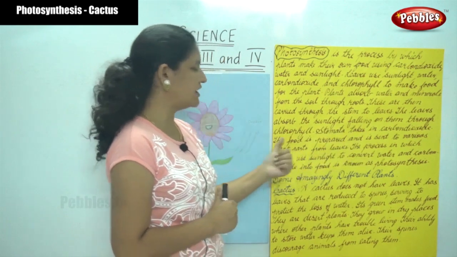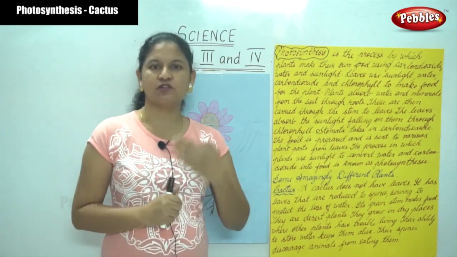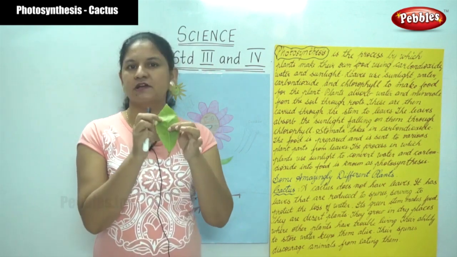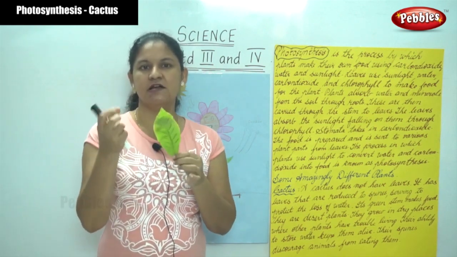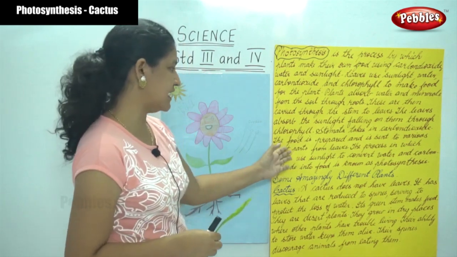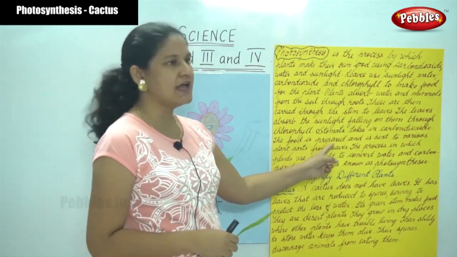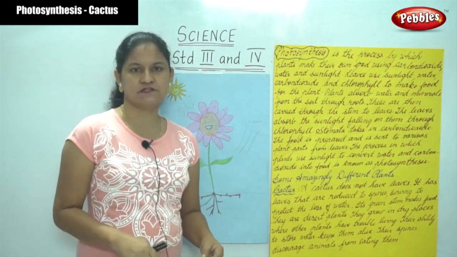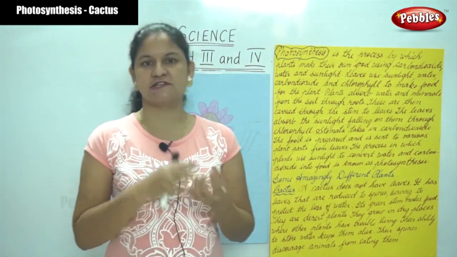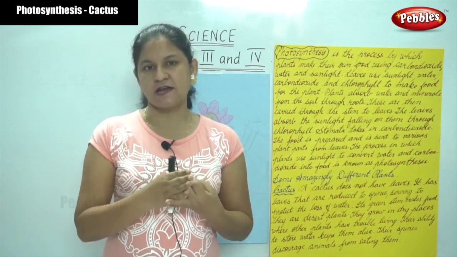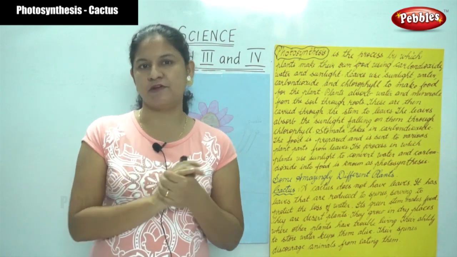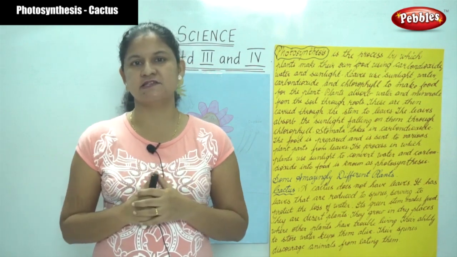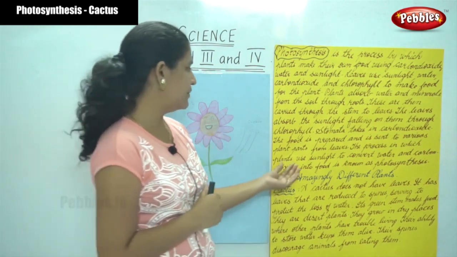Stomata takes in carbon dioxide. We've seen that on the underside of the leaf there are tiny openings called stomata, and the stomata takes in carbon dioxide. The food is prepared and is sent to various plant parts from the leaves. So in the presence of all these, that is water, sunlight, chlorophyll and carbon dioxide, the leaf prepares the food and then sends it to the different parts of the plant.